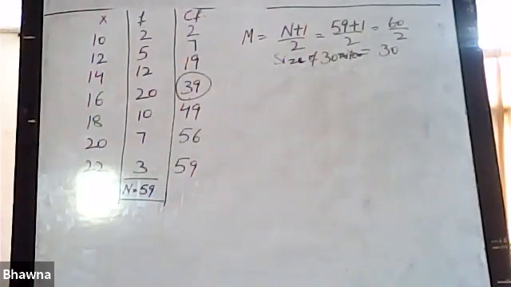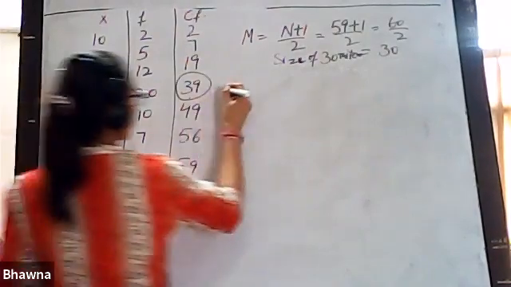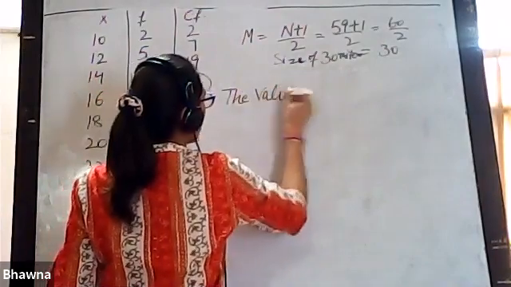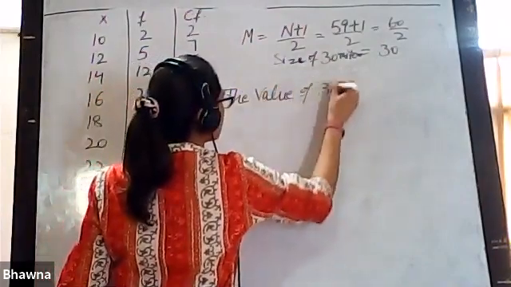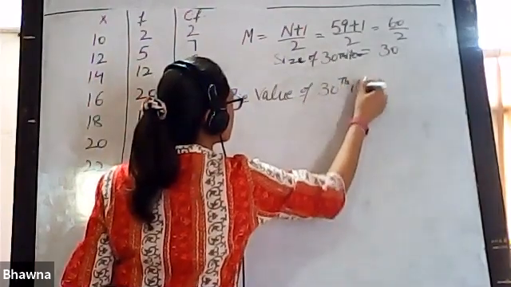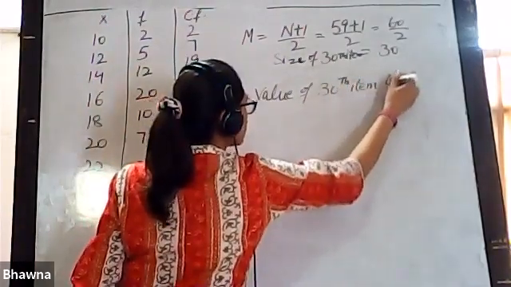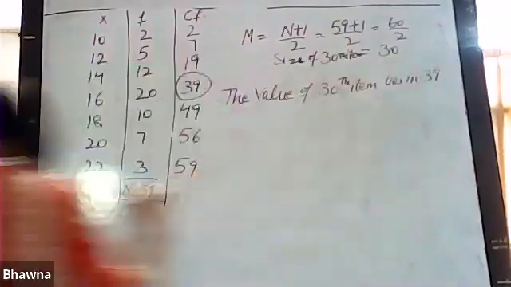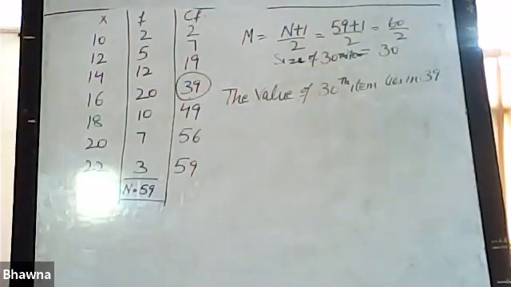The value of the 30th item lies against 39, whose value is 16.